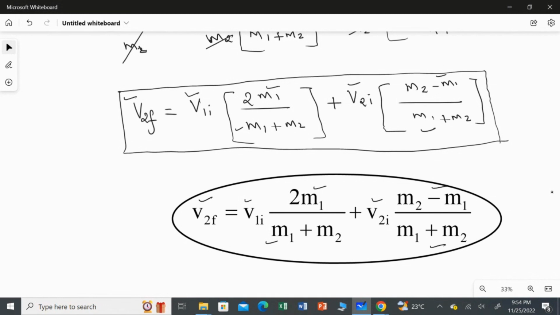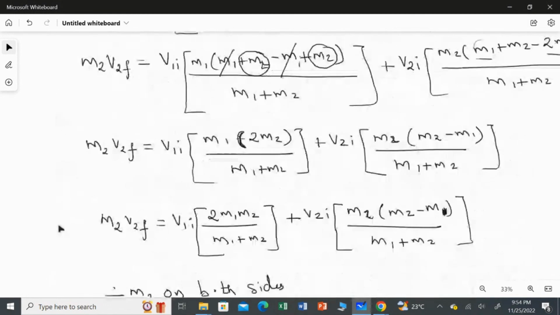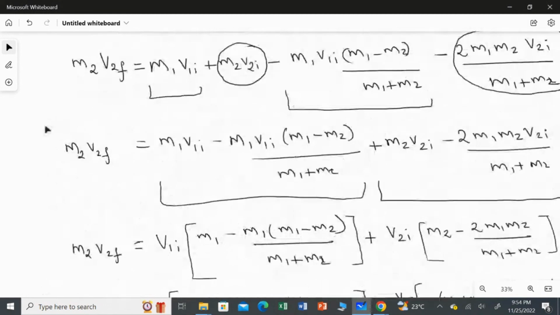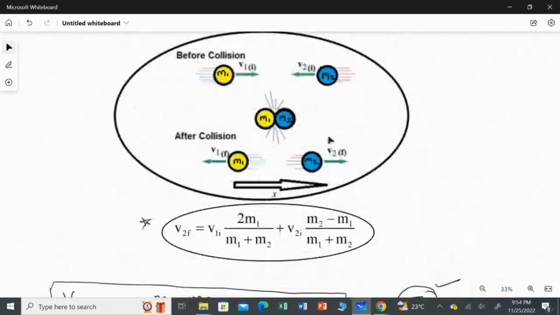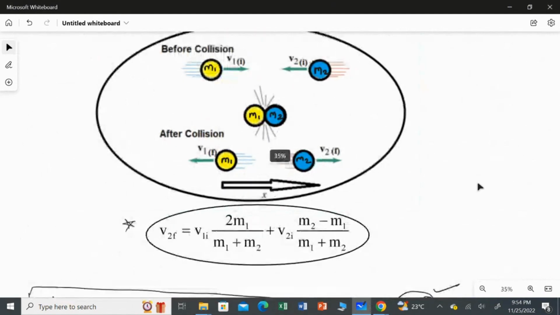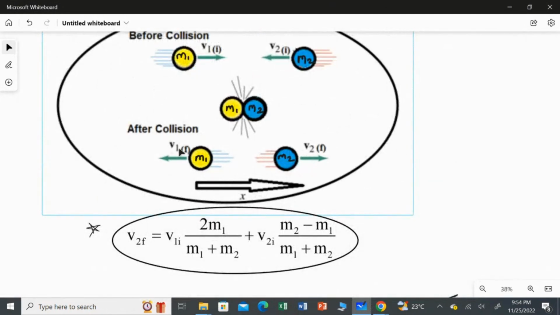Clear? Understand? So the answer what we got is nothing but the final speed of the second mass. Better I can show you the diagram here. So in the previous video, I show the answer for V1 final for the first mass. So here we got the answer for this part. Clear? Understand?